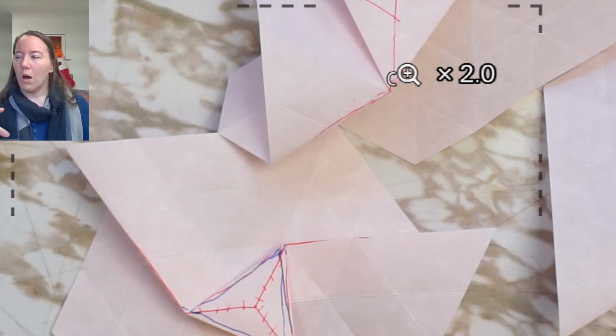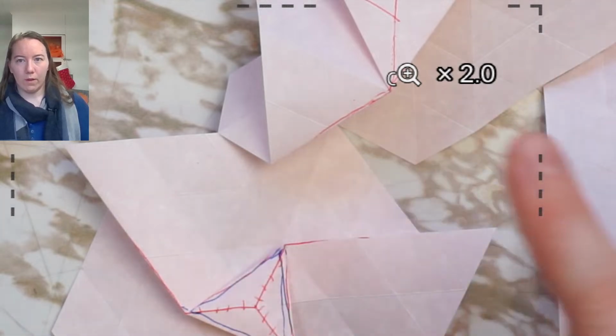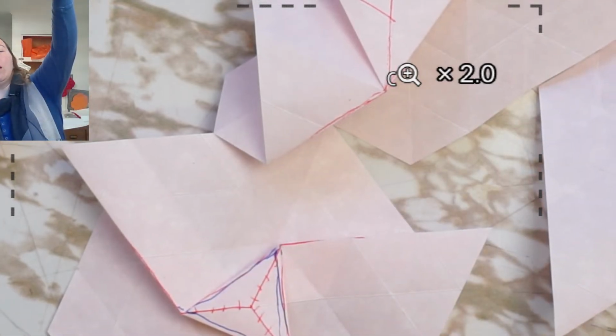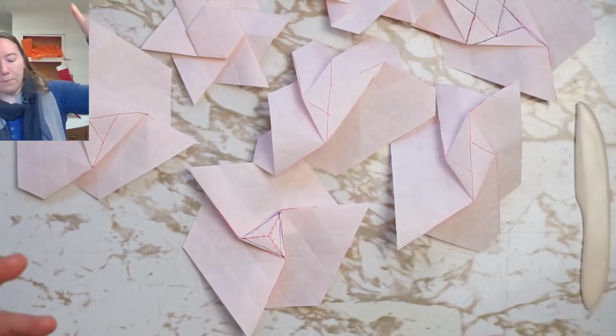So one last thing that I want to bring up today is that I go more in depth on most of these twists. So not the open rhombus and not the trapezoid, but the rest of them.